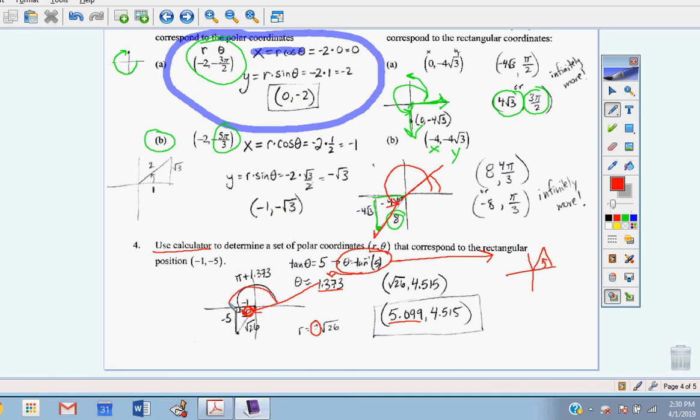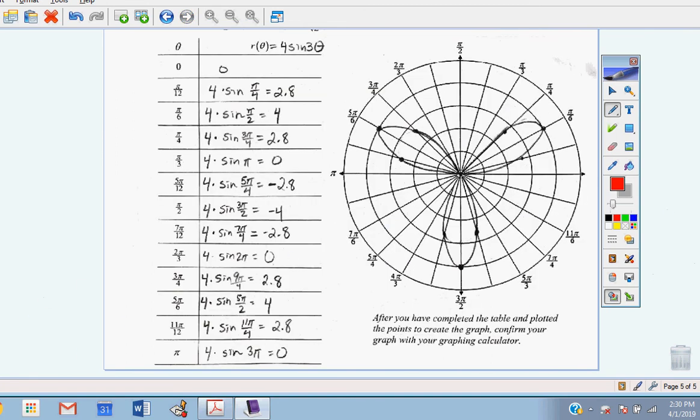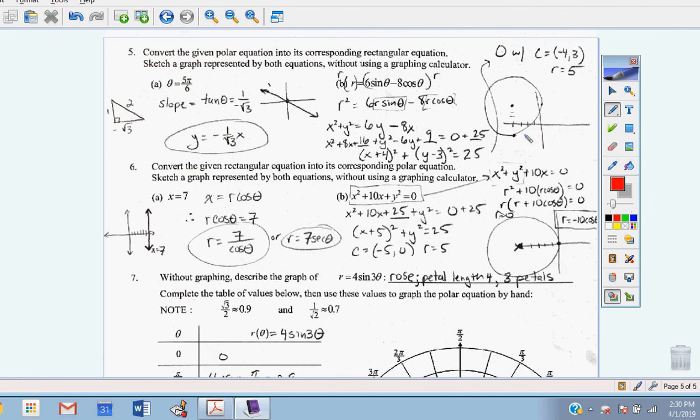Well, this angle is pi. So if we do pi plus 1.373, we actually get 4.515. So that is the angle all the way to here, and then we want to go along that axis, so that's why I used a positive 5.099 there.